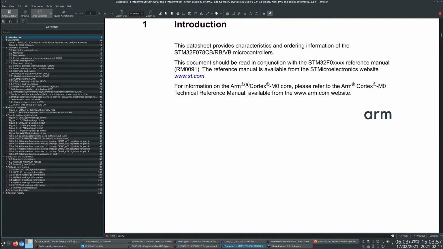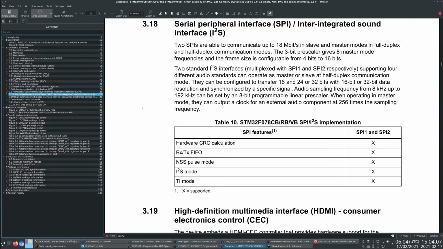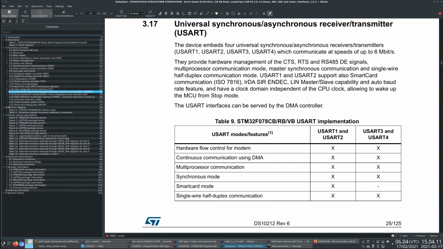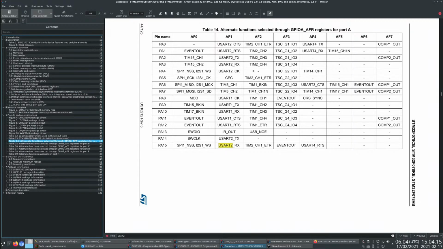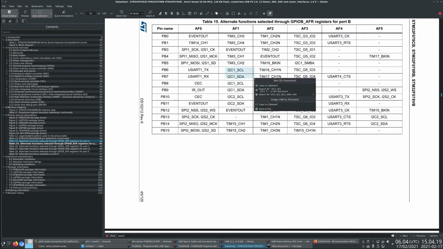Where's the pins here? Yeah, so for example, these are USART2 RxTX. Were they? Oh, is it the same thing? SPI is different from the USART. But we have, oh, is it the same on these? No, yeah. So I2C1, for example, this one. I2C1 will map to USART1 TX and RX.